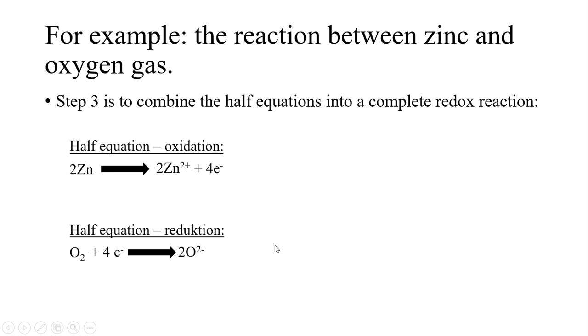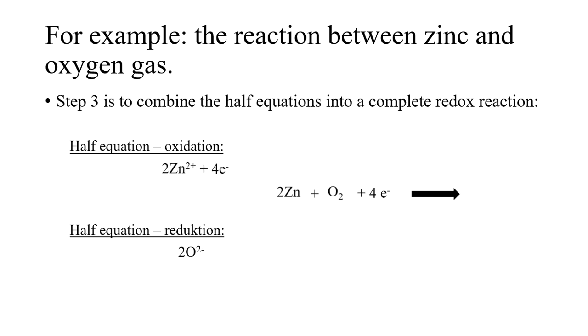Now we combine the half equations into a complete redox reaction. Then you take everything before the arrows and combine, like so. And then you write a new arrow, and then you take everything that was behind the arrows before, like so.